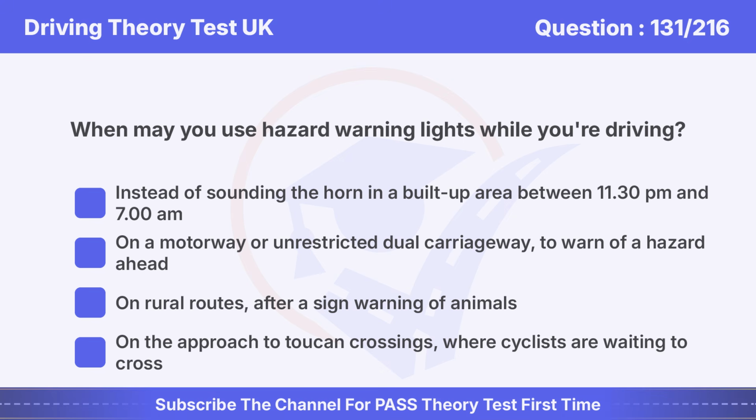Question 131. When may you use hazard warning lights while you're driving? Answer is B. On a motorway or unrestricted dual carriageway, to warn of a hazard ahead.